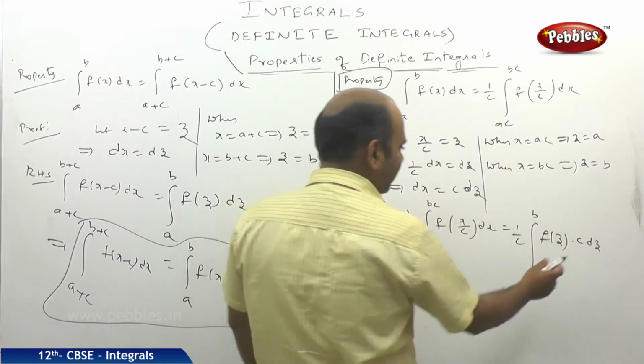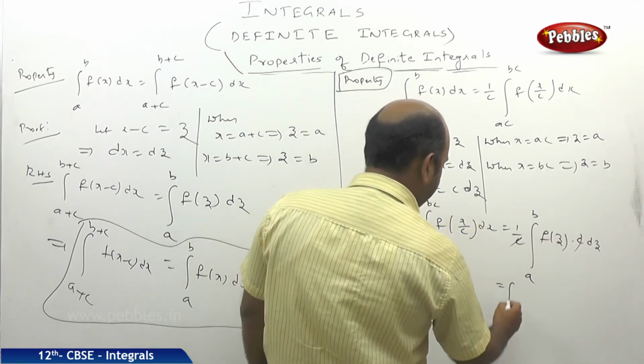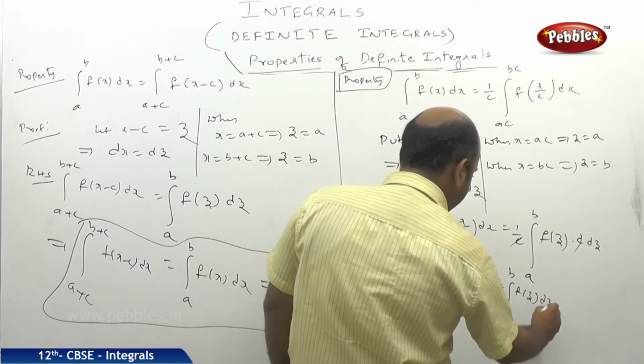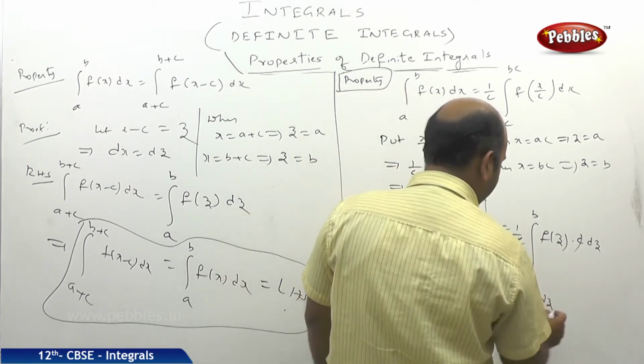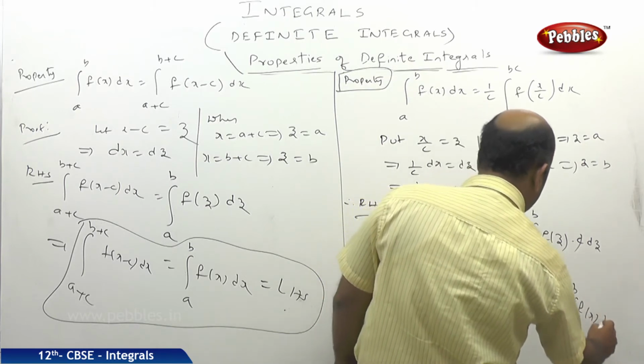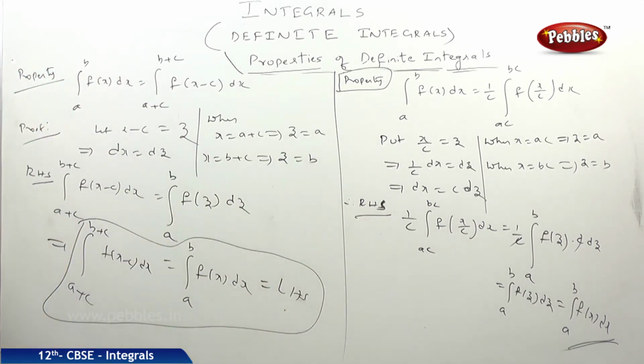Since c is a constant, it comes outside, and both will be cancelled. Finally, integral a to b f of z dz. This is a definite integral, so we can write directly integral a to b f of x dx, which gives rise to the same result. So we proved our two properties.